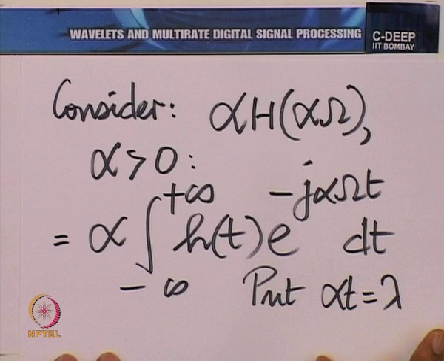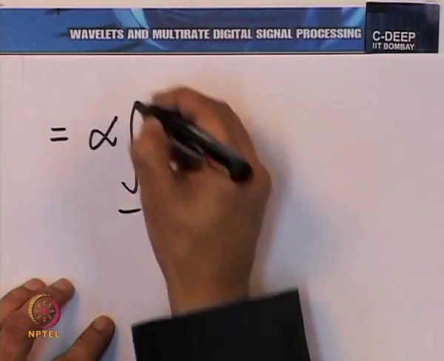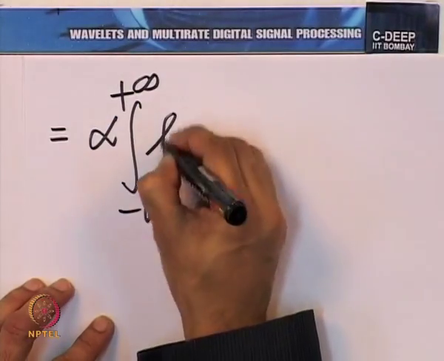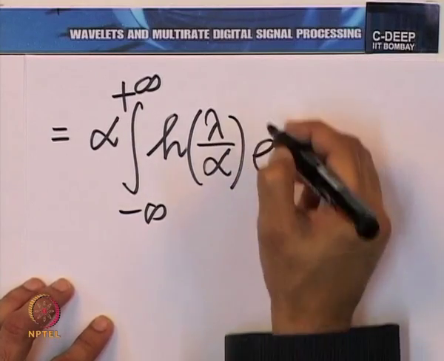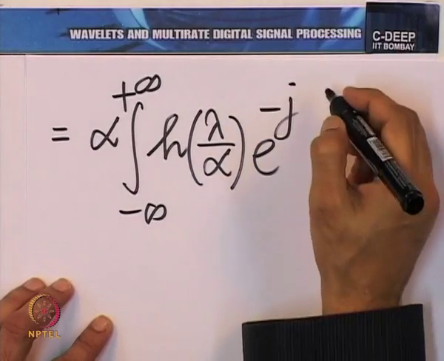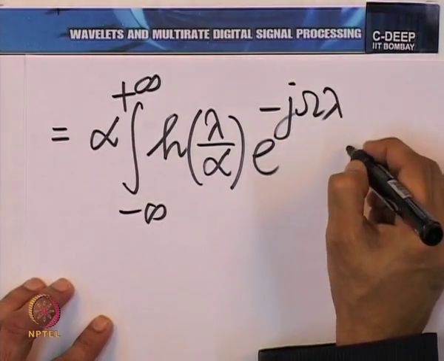So, therefore, we would have this is equal to alpha times integral minus to plus infinity h lambda by alpha, making the substitution e raised to the power minus j omega lambda.